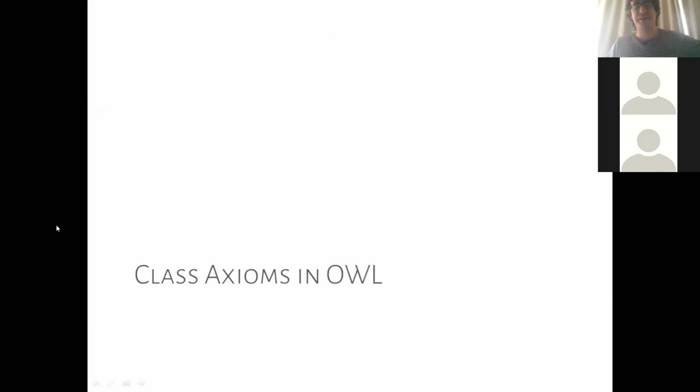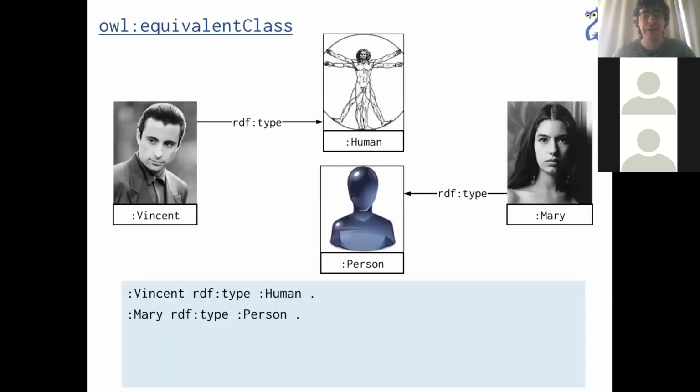Okay, so we can then talk about class axioms. So we talked about property axioms, which is defining the semantics of properties. Likewise, we can define the semantics of classes, relations between classes. So the first thing that we can do, which is perhaps quite obvious in a way, is to define a bidirectional version of subclass. So we can define equivalent class.